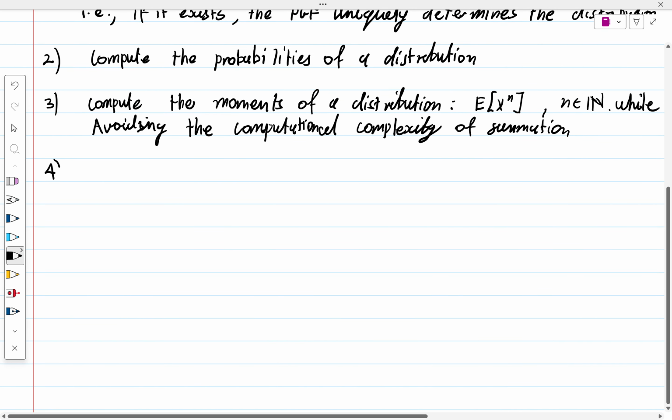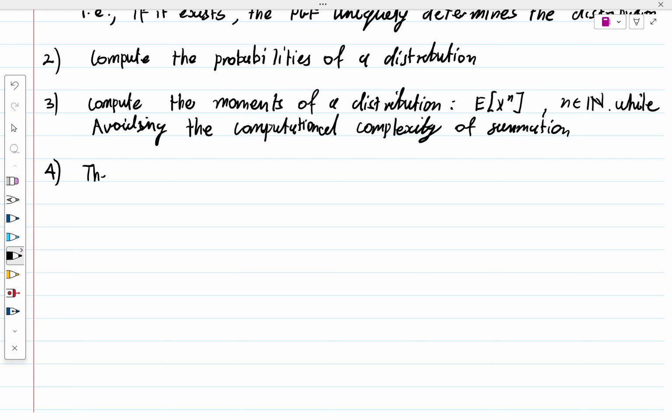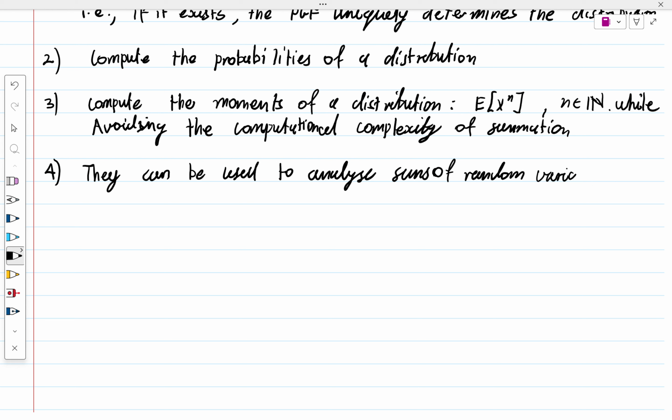And finally, the fourth and perhaps most powerful application of PGFs, they can be used to analyze sums of random variables, and it's particularly useful for independent random variables.